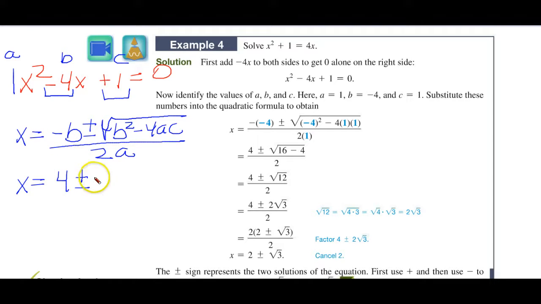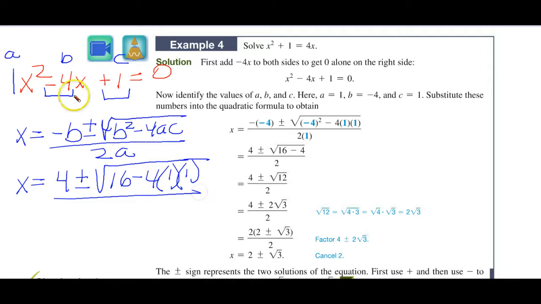Plus or minus, we're going to square the 4 and get 16 minus 4a. We said a is 1 times c. c is 1. And all of that is going to be over 2a, which is 2.